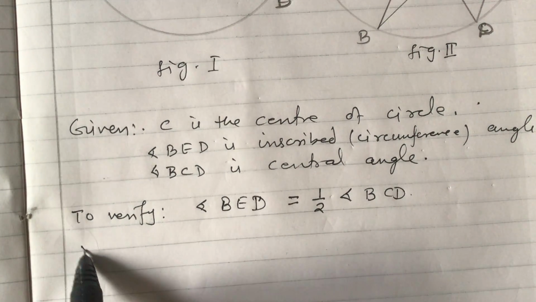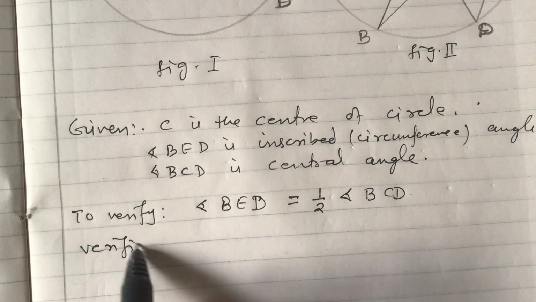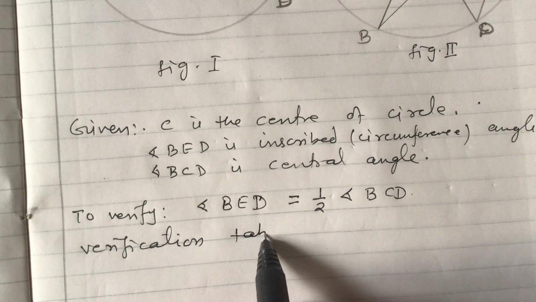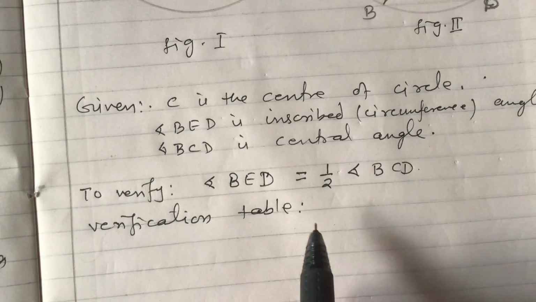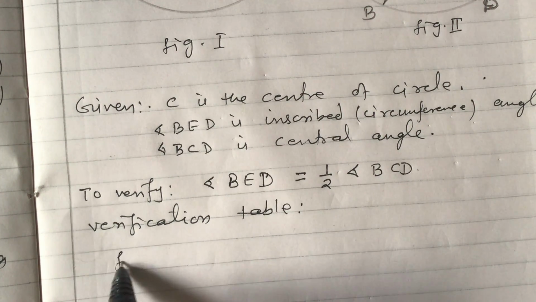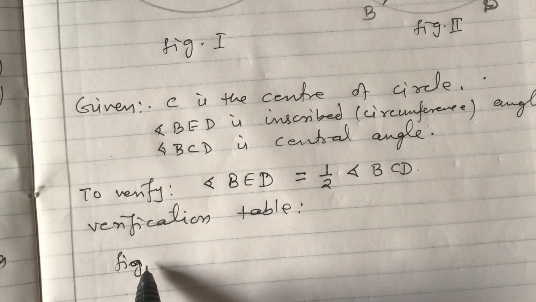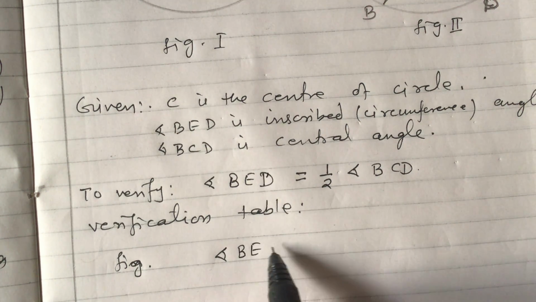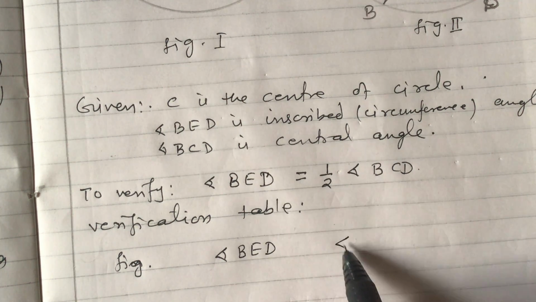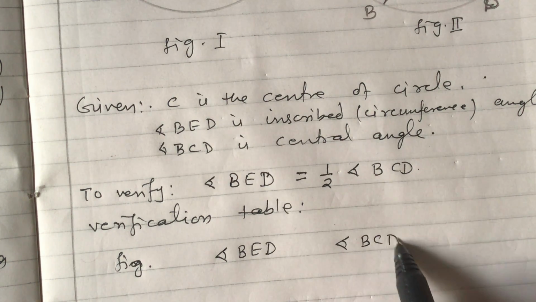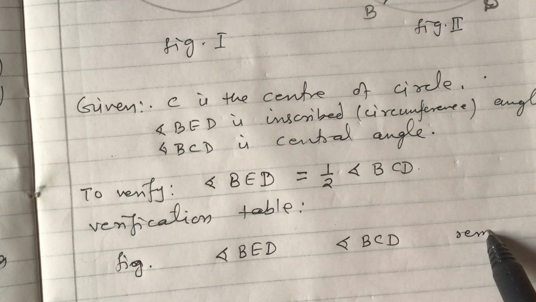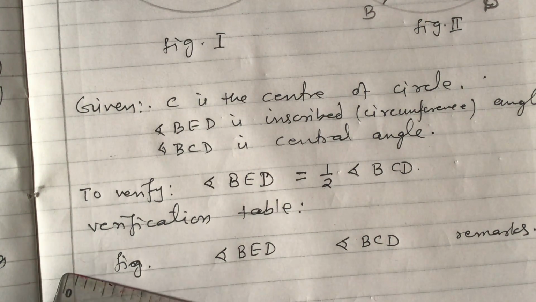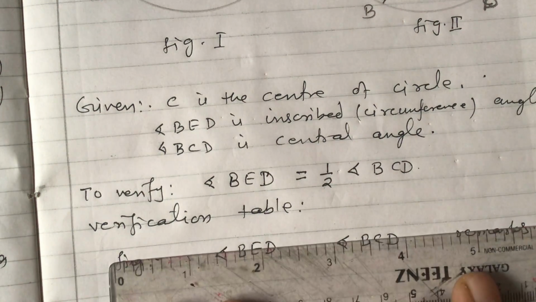Now for verification table, what we need: figure number 1, figure number 2. Another angle BED, we have to write the measurement of BED. Another angle BCD, measurement of BCD. Another remarks. Okay, this much we need. Now let us draw the table for this.